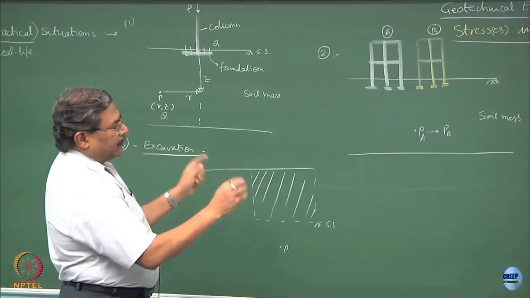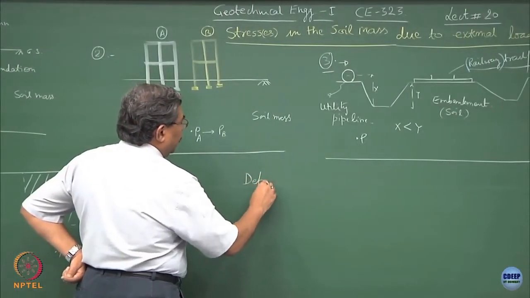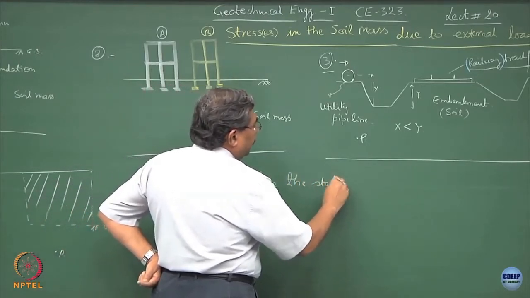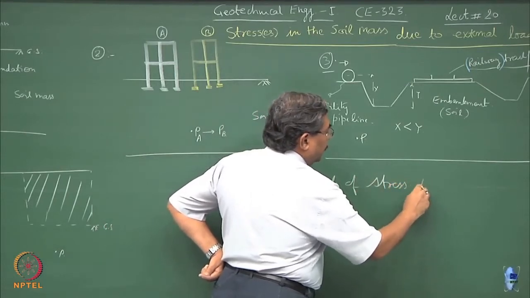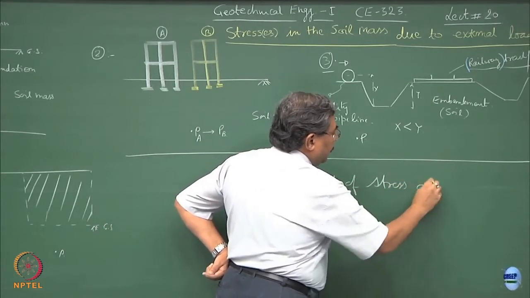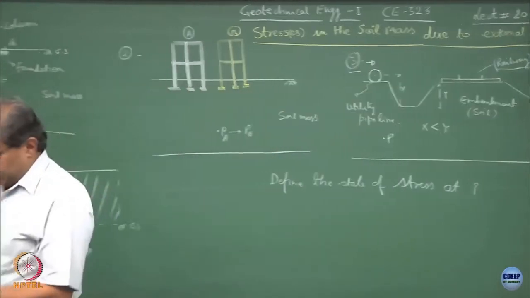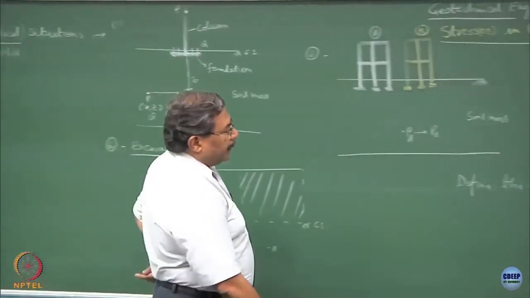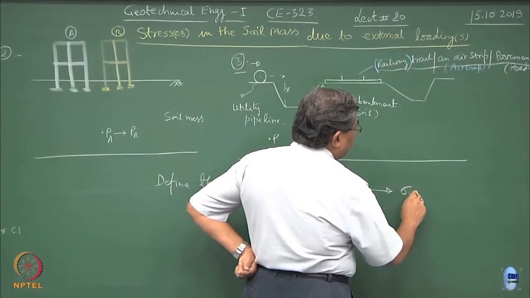What I want to know is what is the state of stress at point P. Define the state of stress at point P. And why we want to do this? Because if I know the state of stress at point P, I can link it with the yield strength of the soil.